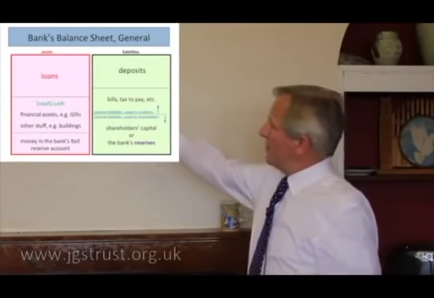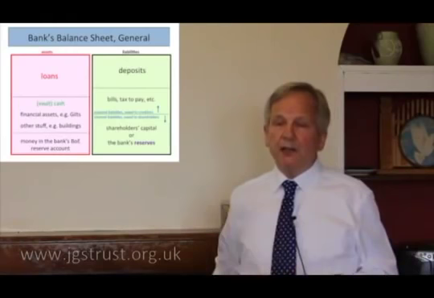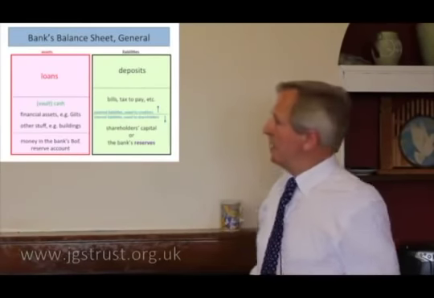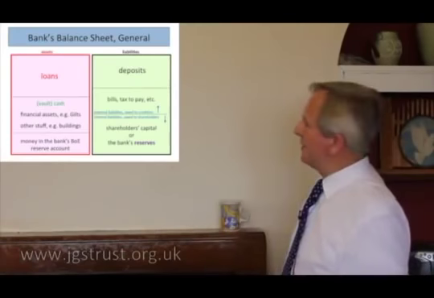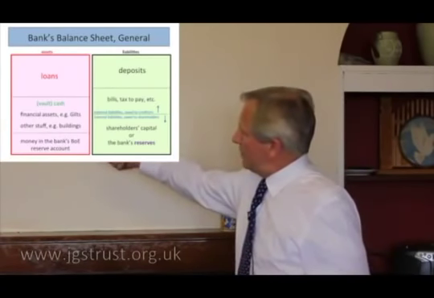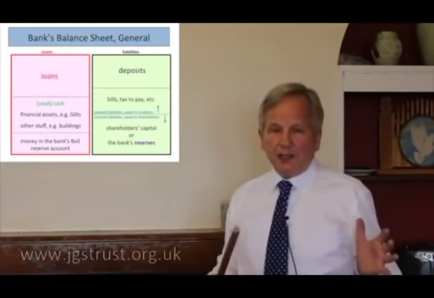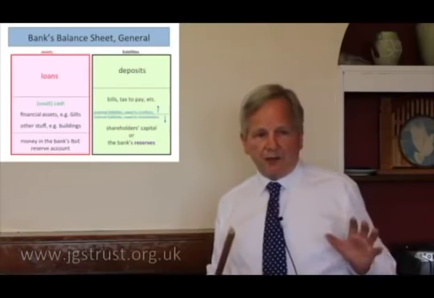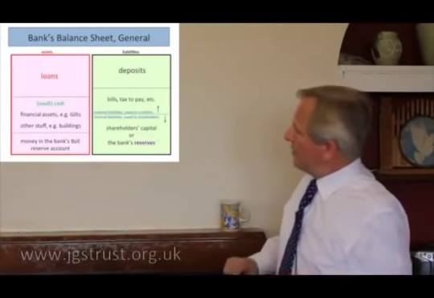Financial assets: the banks tend to buy gilts, which are IOUs from the British government. It's a favourite asset of banks, and obviously the nice buildings that you see, and the cars and so on and so forth. And also, remember, initially the shareholders put their initial money into the account at the Bank of England, which is called their reserve account.